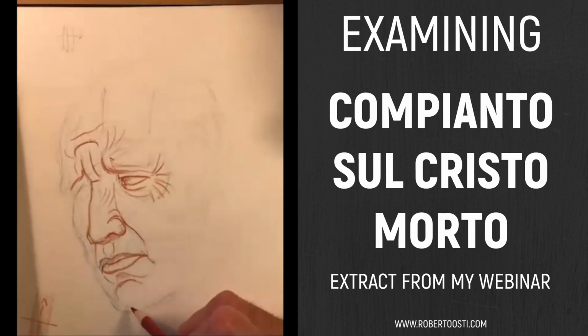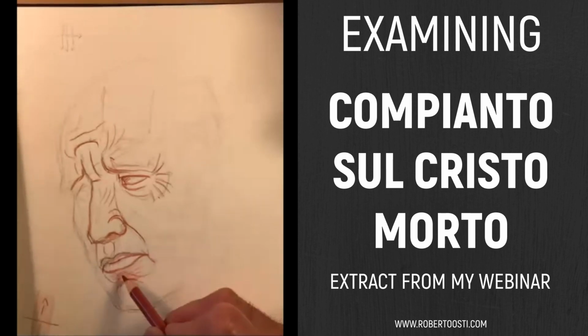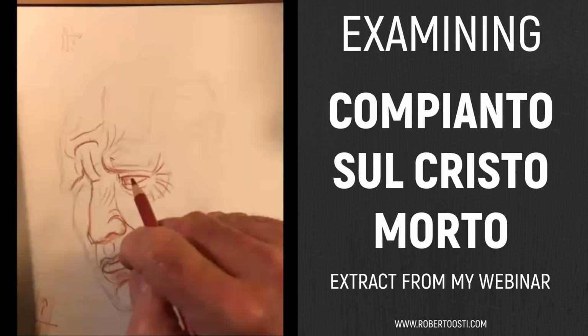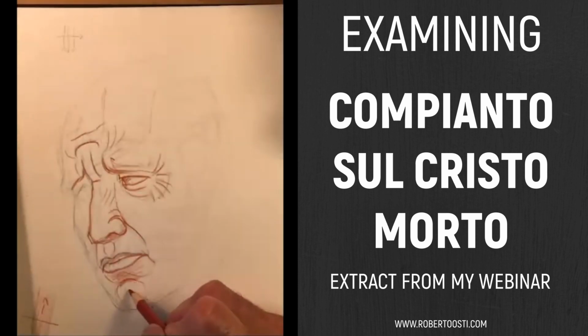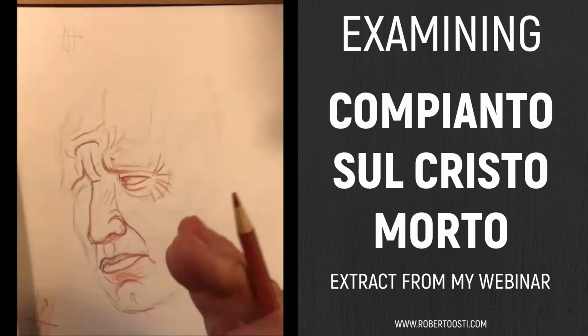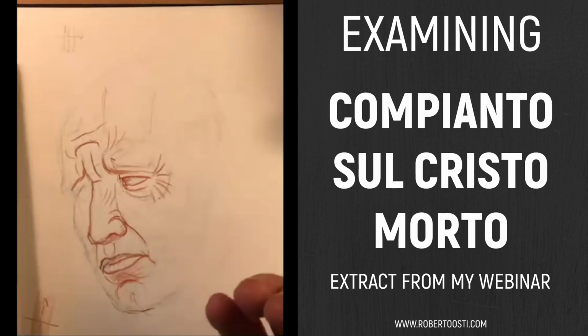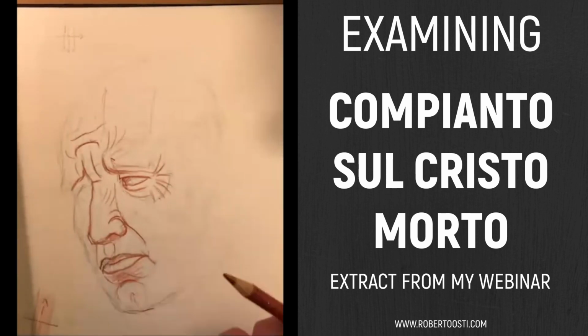So the muscle of the chin comes up a little bit like this, pushing up in here, creating a deeper fold because of the pouting of the chin, right? So it's a pouting that is barely contained, but it is contained. Again, this is a powerful man.